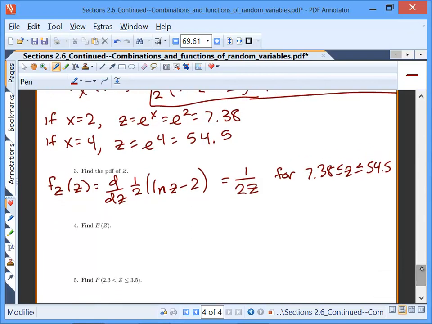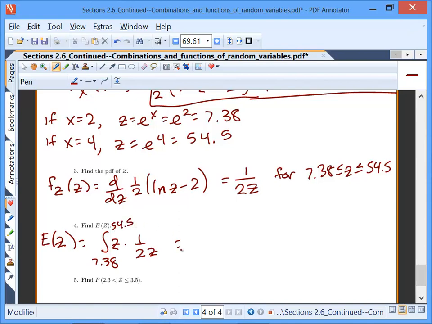So, any thoughts or anything to add here? Now if I want to find the expected value of z, what do I need to do? I just need to integrate z times its PDF, so 1 over 2z, from 7.38 to 54.5.